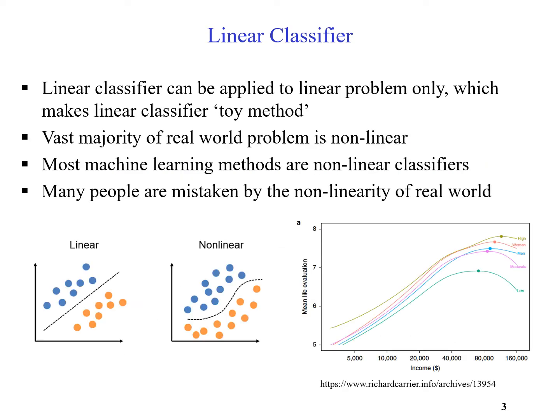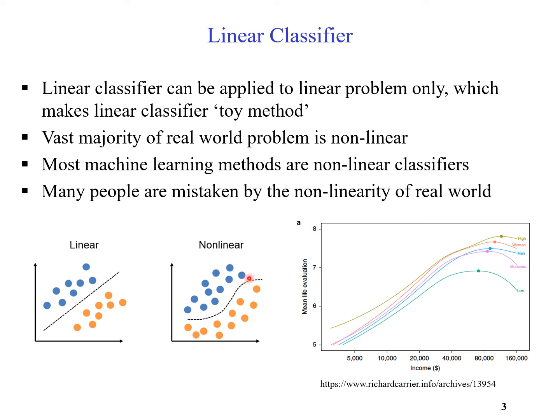As I said in a previous slide, a linear classifier can be represented as a linear line. So this one here is an example of a linear classifier. But almost every real-world problem is a non-linear problem. So this is an example of a non-linear problem. Obviously, we cannot solve this non-linear problem using a linear line like this, right?